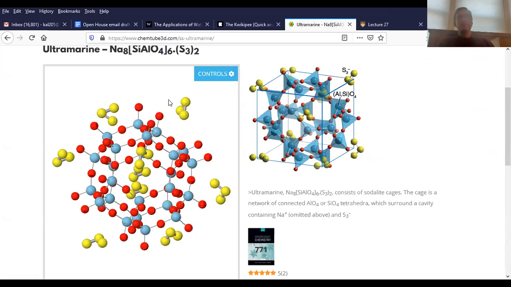And now you see here in the website that I mentioned to you previously at some point, chemtube3d.com, the three-dimensional structure of ultramarine.